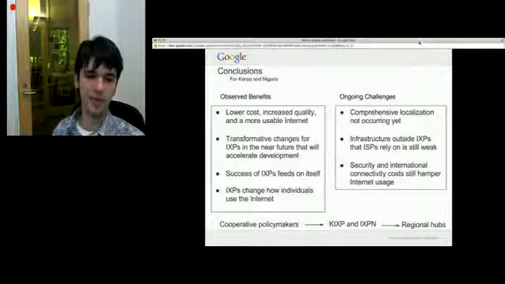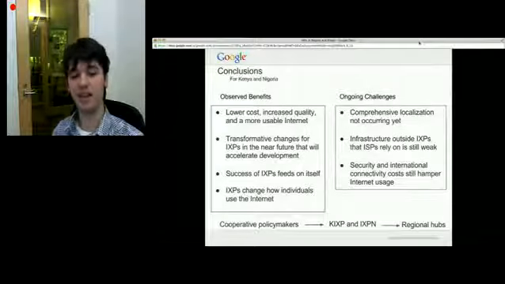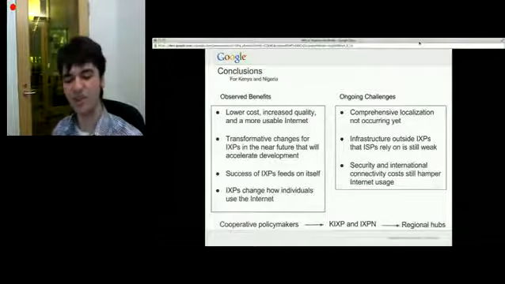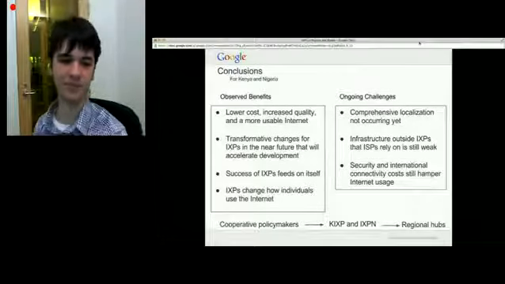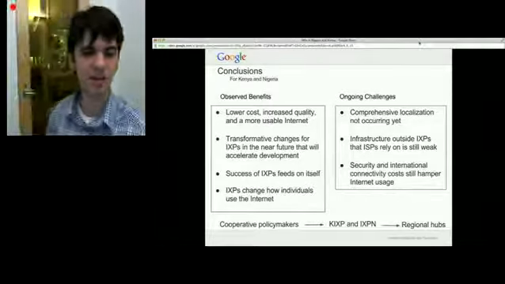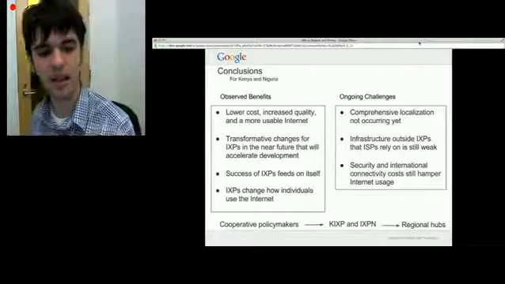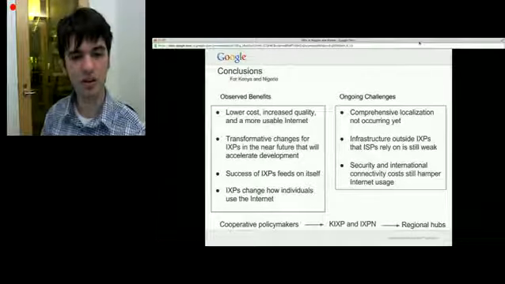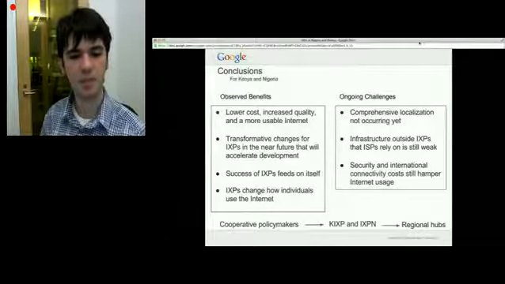The success of IXPs, rather, I apologize, is kind of self-feeding. Essentially, when an IXP begins to thrive, it begins to bring all sorts of investment into a given country.